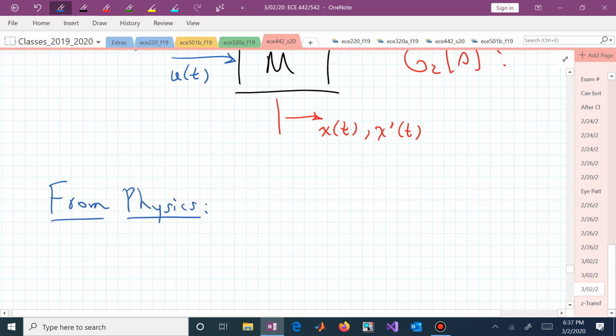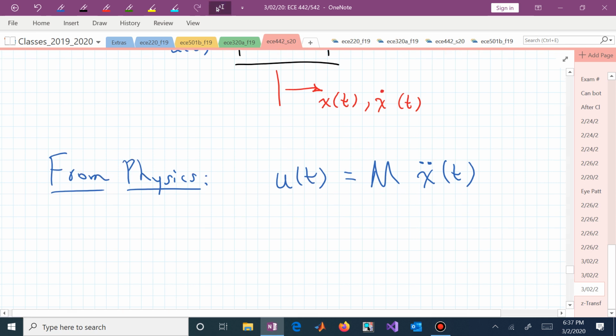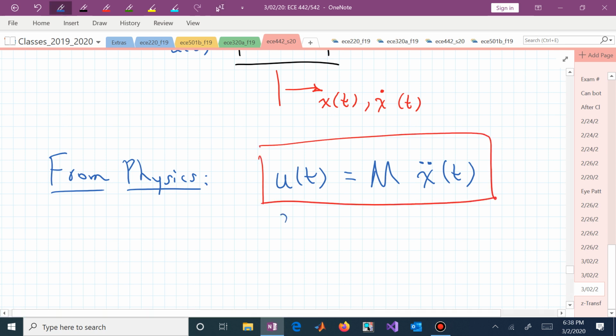But now from physics, we know that F, which I'm calling U, is equal to mass times acceleration. And now I just changed notation. So let me make that a dot here. Since I'm not worrying about current, x double dot is the acceleration. So this is now our force is equal to mass times acceleration.